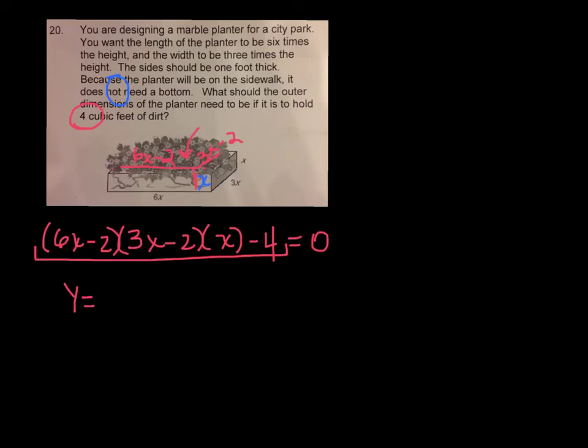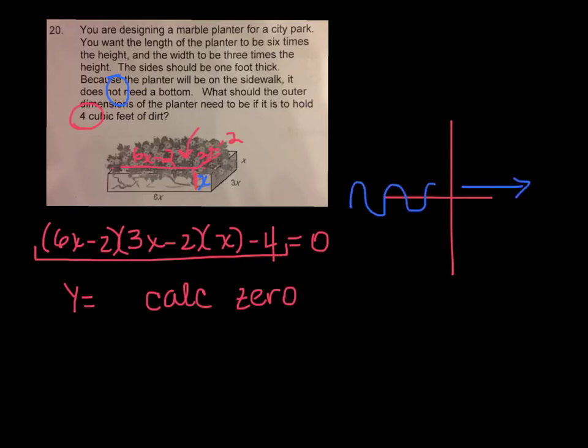In y equals, I'm now going to press graph, make sure I can see my zeros, and calculate a zero. The only ones I need to worry about are the ones on the positive end, because any zero that comes over here, if I plug that into my height, it's going to be negative, so these will not work. So I just need to calculate the positive zero. You will calculate that x equals 1.